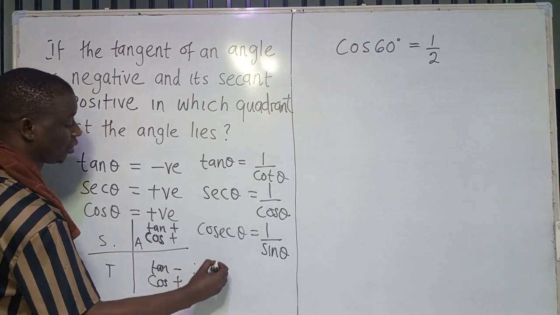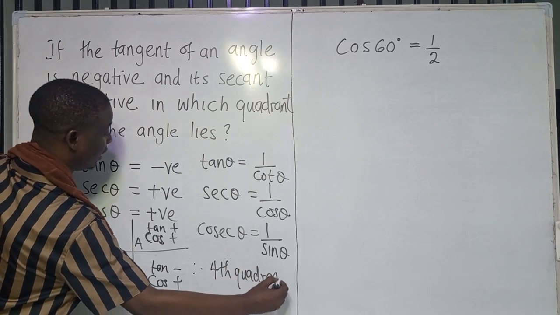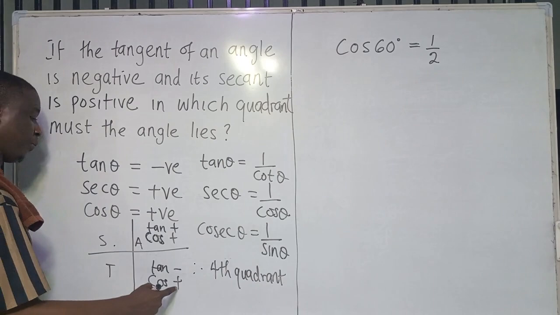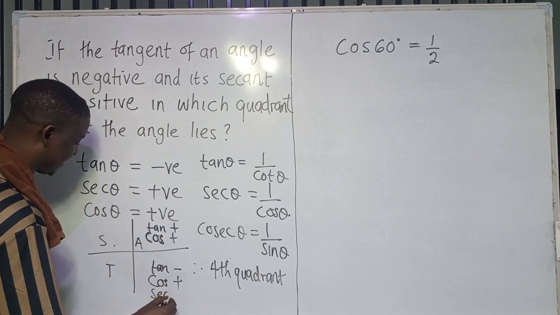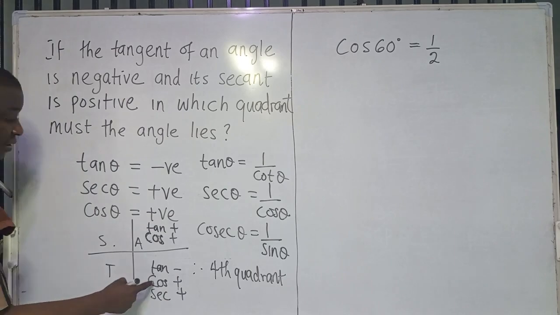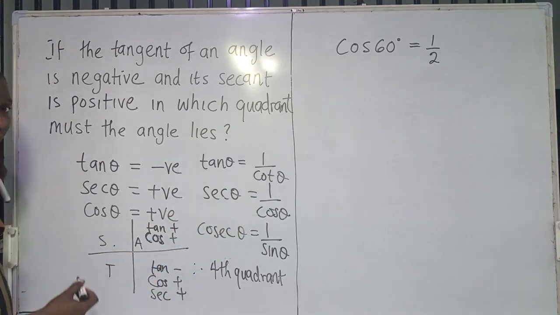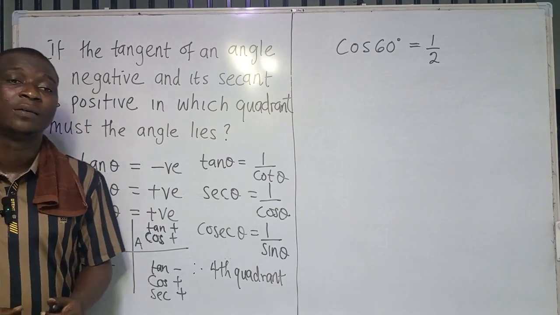So the answer is the fourth quadrant. It's only in the fourth quadrant that cos is positive, tan is negative, and sec is positive, because they work hand in hand, as I told you before. So the fourth quadrant is the answer.